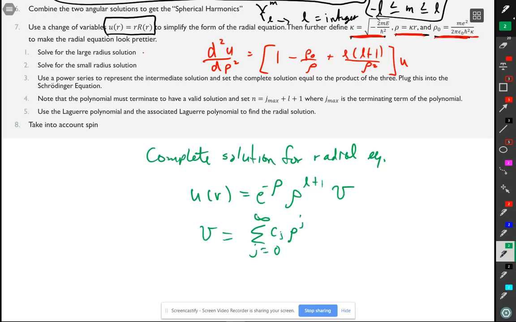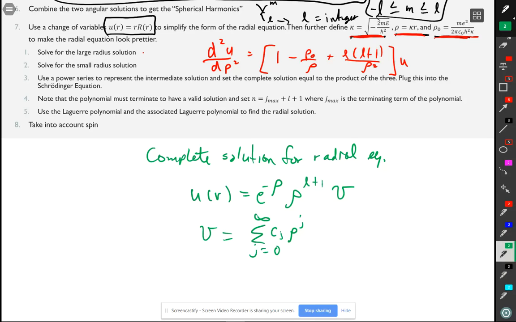And for the whole thing to be equal to 0, the only way is if for every power, the stuff in parentheses was 0. And in so doing, we were able to get a recursive relationship between the C sub j's. So once we know one C sub j, we can calculate the rest.